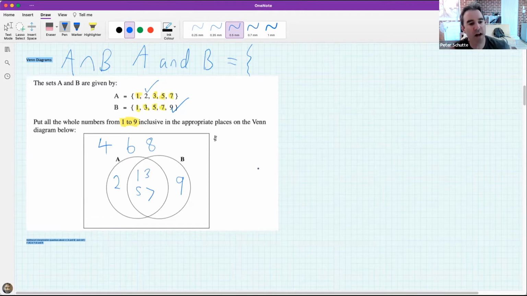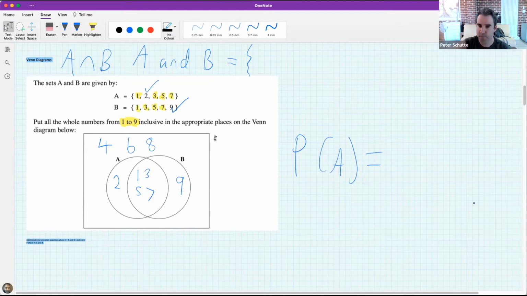Okay, I'm going to ask you now a probability question connected to this, but you've done very well there. What is the probability of A occurring for this particular Venn diagram?